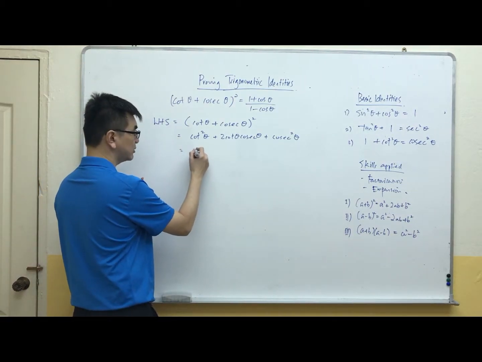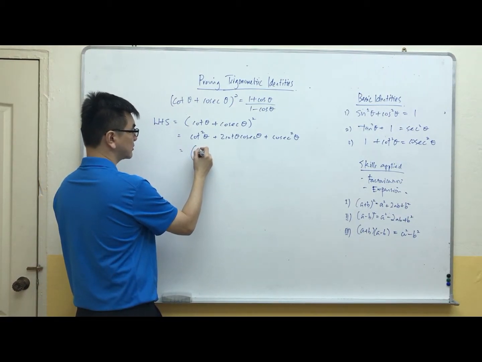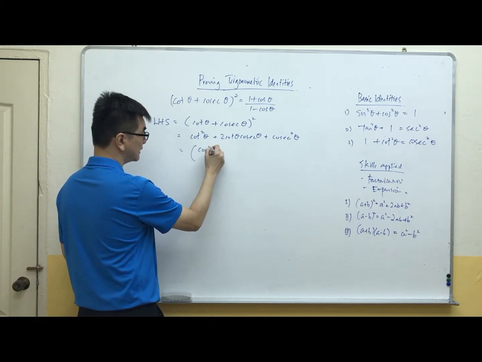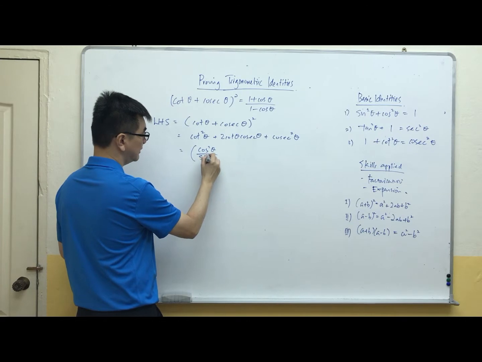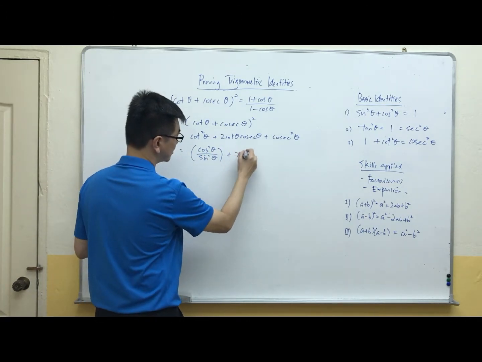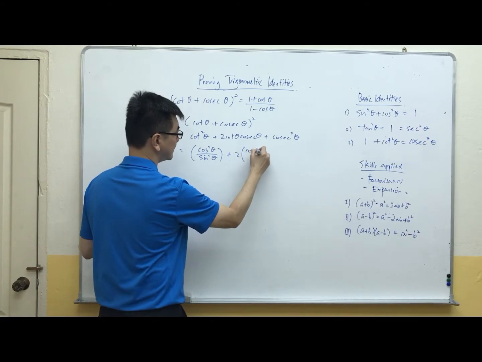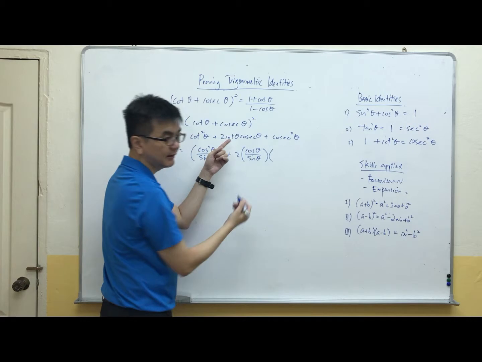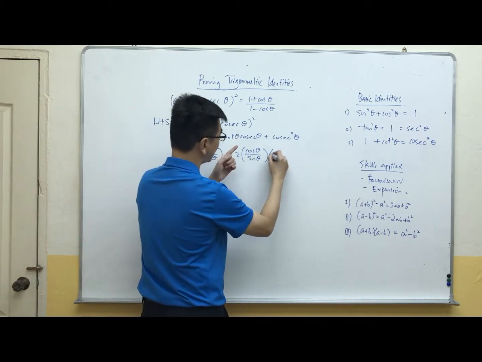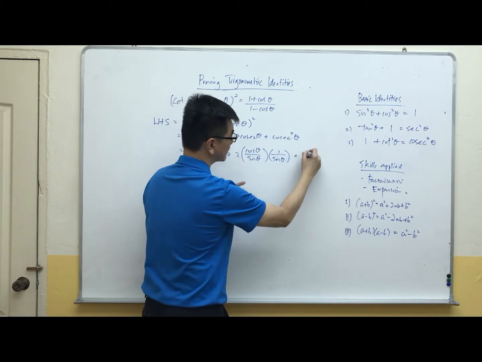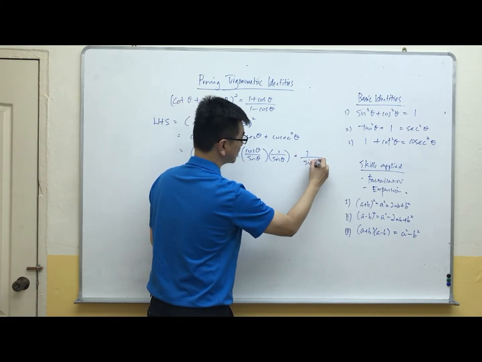In the next step, I'm going to transform my cotangent square theta into cosine square theta over sine square theta, plus 2 cosine theta over sine theta, that's my cotangent theta, and my cosecant theta is actually 1 over sine theta, plus 1 over sine square theta.